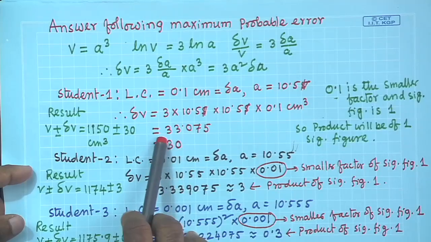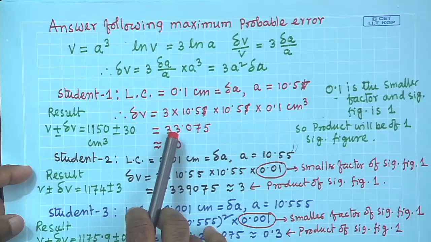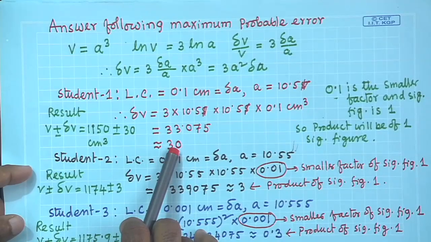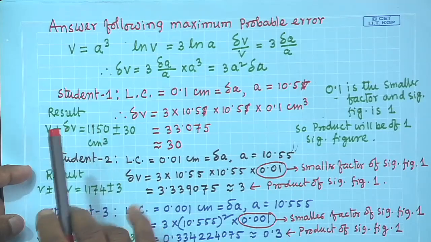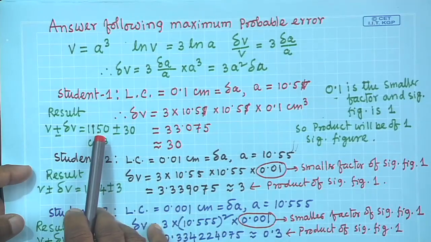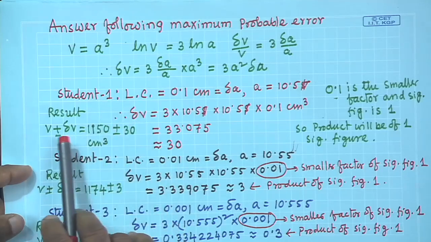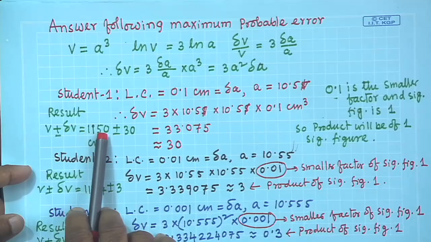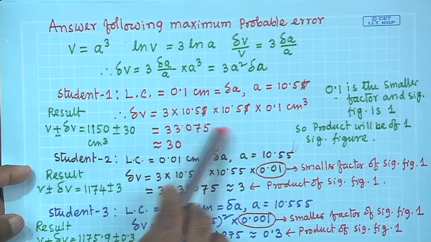So, this we are writing approximately 30. Why are we writing 30? Why not 33? Okay. The reason is that V we got from calculation concerning the significant figures, this V is 1150, right, 1150. Now, the error we are getting here is 33 point something.